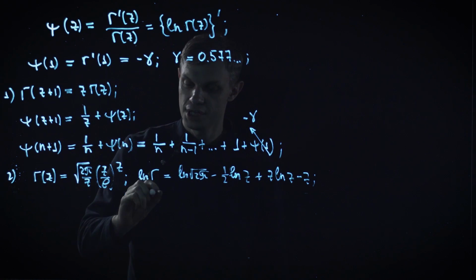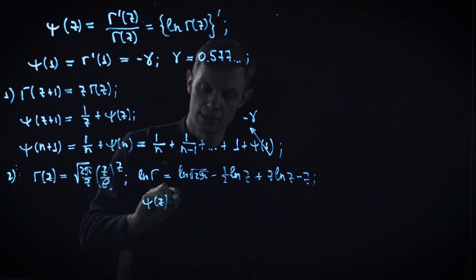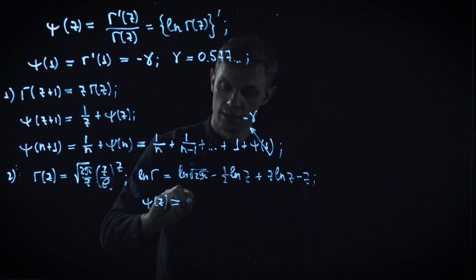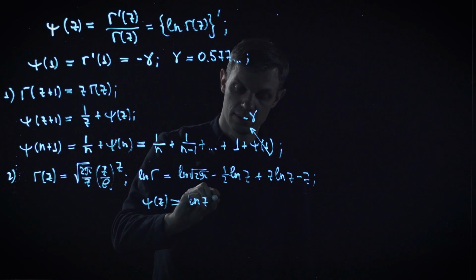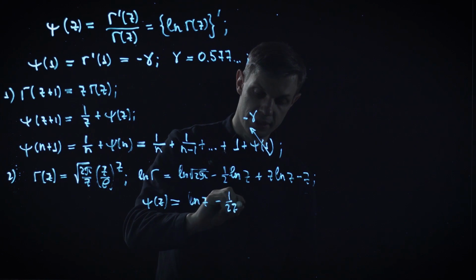So when we differentiate it, we get psi of z equals logarithm of z minus 1 over 2z.